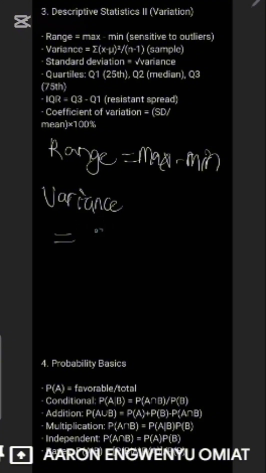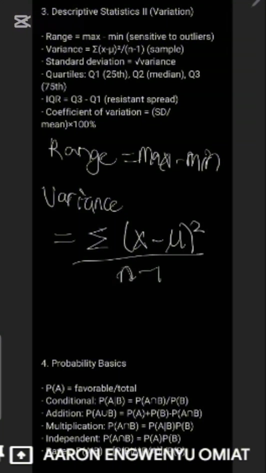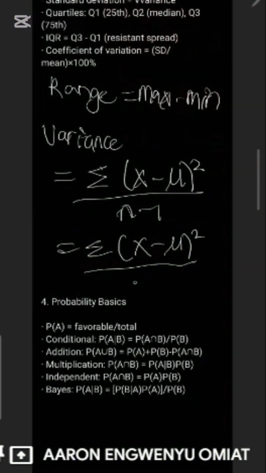There are two variants, one for sample and one for population. For a sample: the summation of (x minus mean) squared, divided by n minus 1. Whenever you see a small n, we are talking of a sample. For population, variance is calculated as the summation of (x minus mean) squared divided by N.